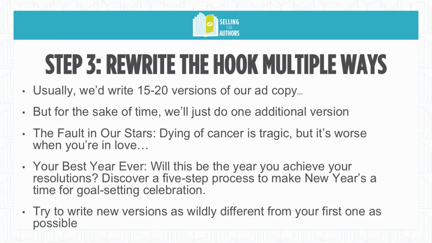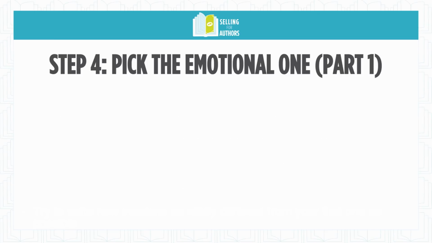And I recommend for your fiction especially, write as many different versions as you can. Nonfiction, I like the question followed by the book phrased as a solution to the problem that you mentioned in the question. And so I think that one you're not going to get as much variety, but fiction, definitely try out a lot of different things, different words, different sentence structures.